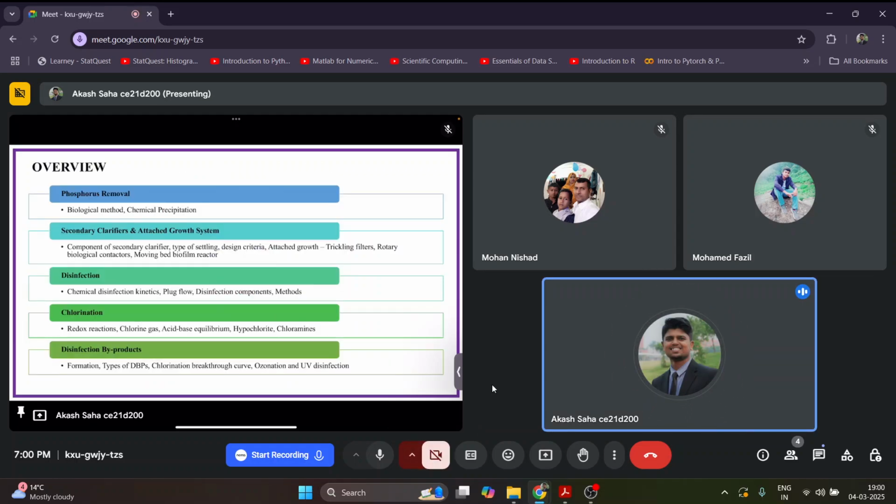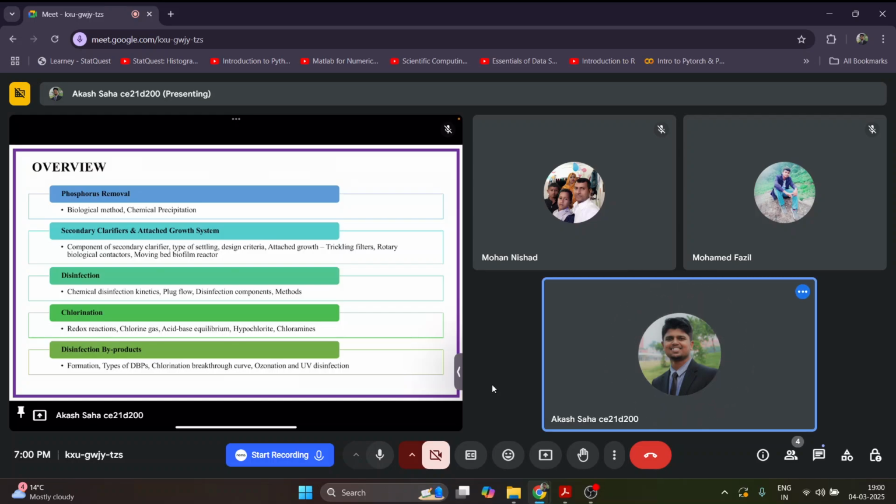So if we see the contents of week 6, we started with the discussion of phosphorus removal, and we majorly focused on the biological phosphorus removal using the phosphorus accumulating bacteria or organisms, and we also discussed the chemical precipitation technique for phosphorus removal. Then we moved on to discuss the secondary clarifiers and the attached growth system.